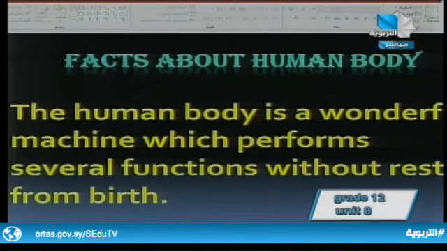And it consists of a group of cells, systems, and organs that work together to perform certain functions. So here we say that the human body is a wonderful machine. Not a simple machine. It is a complex machine. Yes, complicated, wonderful, which performs several functions without rest, non-stop, from birth to the moment of death. Thank you so much.